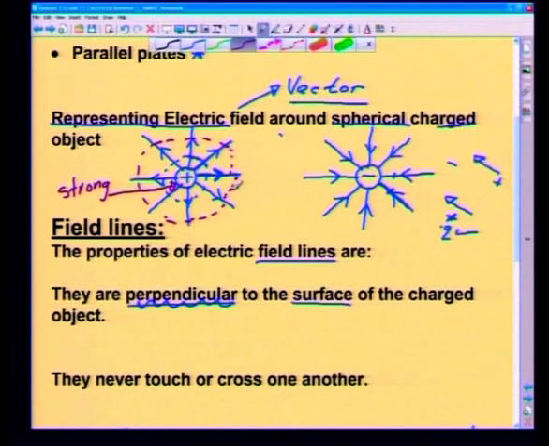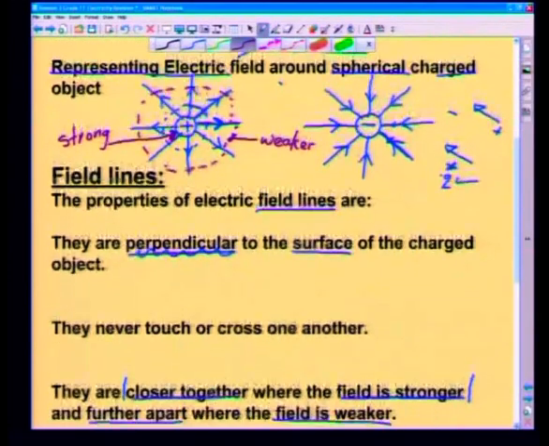So at this point here, we expect the field to be weaker, because the field is weaker when the field lines are far apart from each other and much stronger where the field lines are closer to each other. So that is what is meant by that statement there.